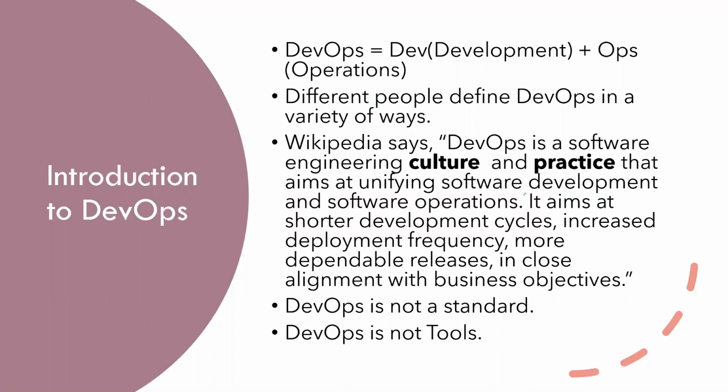So if anyone asks you what is DevOps, it is a culture, a cultural movement, which gave rise to some of the best practices, and those best practices help us achieve continuous integration, continuous development, and software delivery. How? By using a set of tools. For each and everything there are sets of tools.